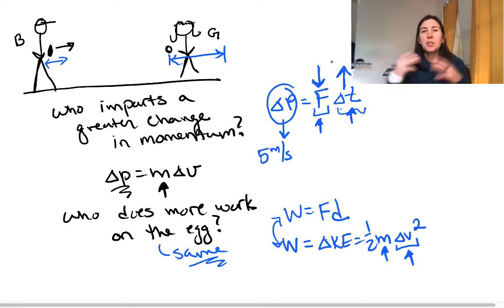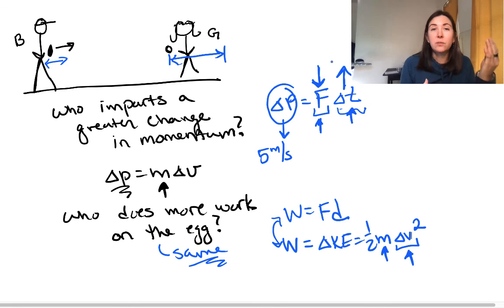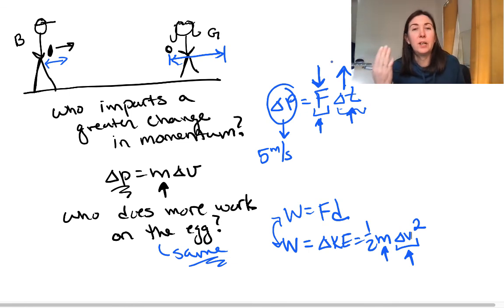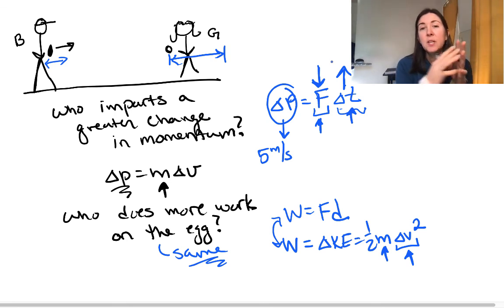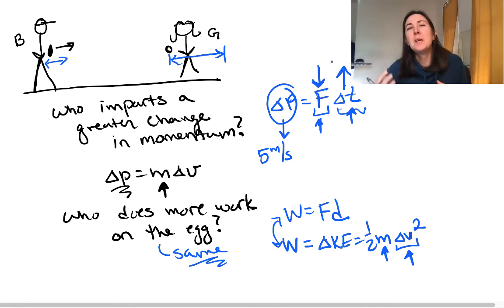So think you're in a car wreck, you hit the wall, the airbag doesn't change your initial velocity, it doesn't change your final velocity, so it doesn't change your momentum change, it doesn't change your impulse, but it does change the amount of time that you are experiencing that force. So by changing the amount of time, by giving your face or your chest a cushion to hit, you are then making the force that you feel less.